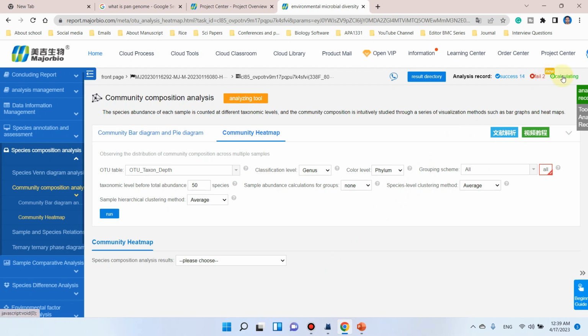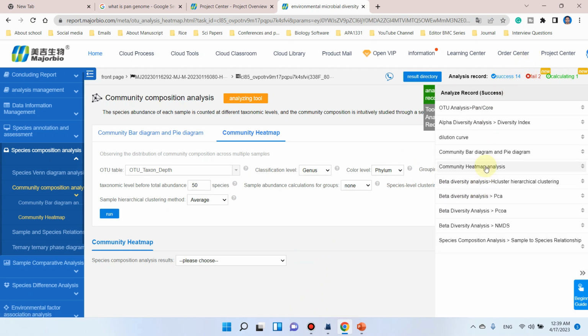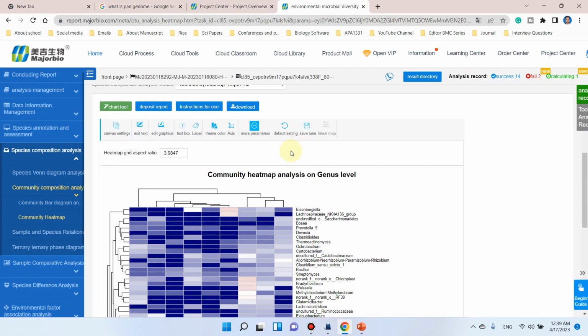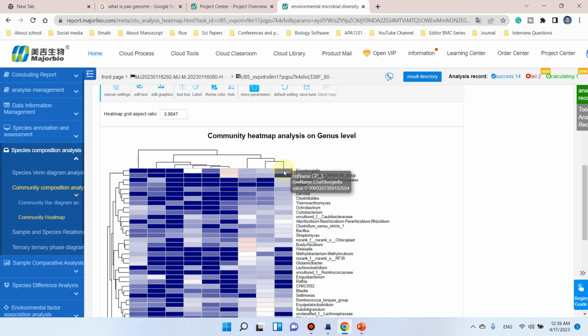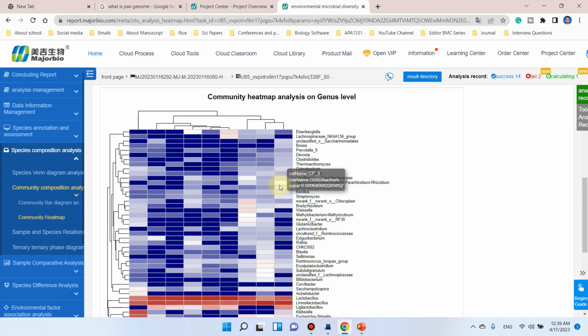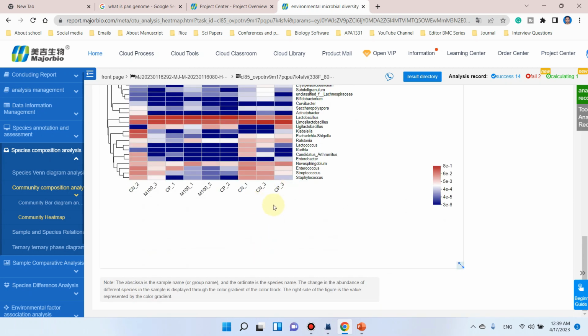It will take a few seconds to load our results, but meanwhile I can show you how we can interpret this heat map analysis. Here in this heat map, each color is showing one genus. So it is important to note only those genus in your favorite sample.